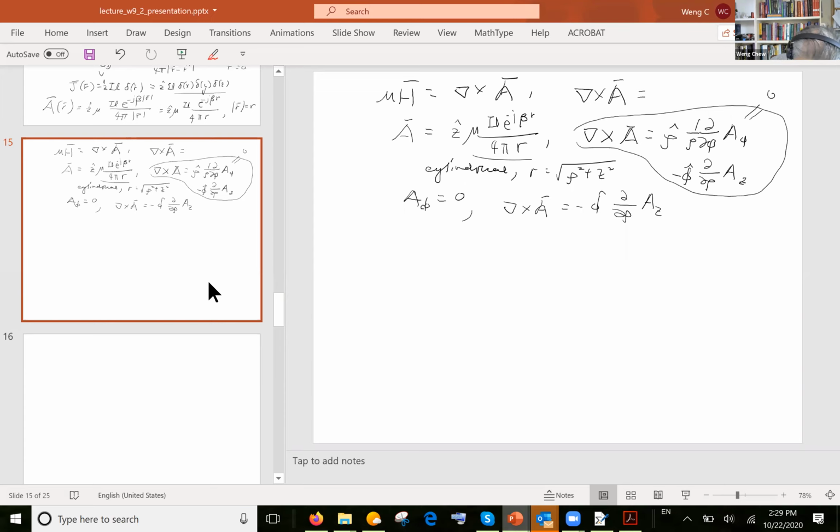I presume that all of you know how to do vector calculus in cylindrical coordinates, okay? In spherical coordinates, you will have r hat, theta hat, and phi hat, okay? But in the cylindrical coordinate system, you have rho hat, z hat, and phi hat, okay?